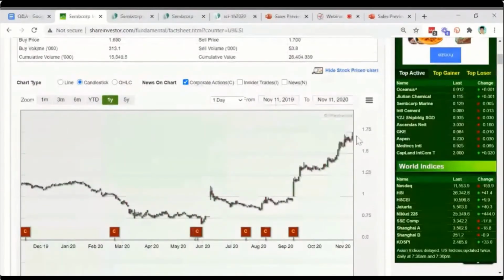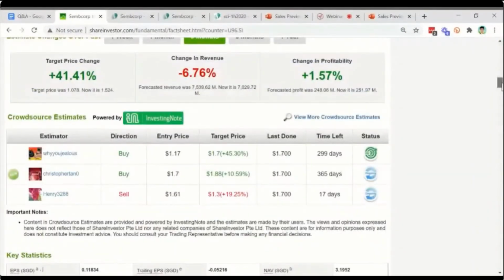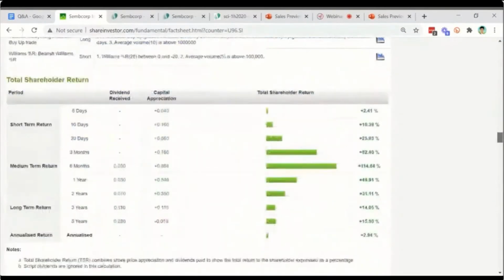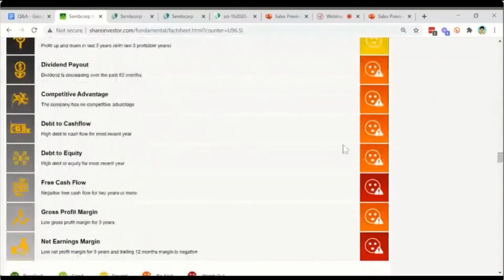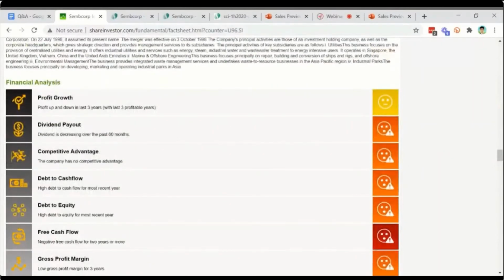Sembcorp Industries, after adjusting away the marine business, the share price shot up almost 100%. But if you look at the past financial results, based on this proprietary tool in ShareInvestor, we have this financial analysis tool that takes all the financial data and puts it into this pictorial form.